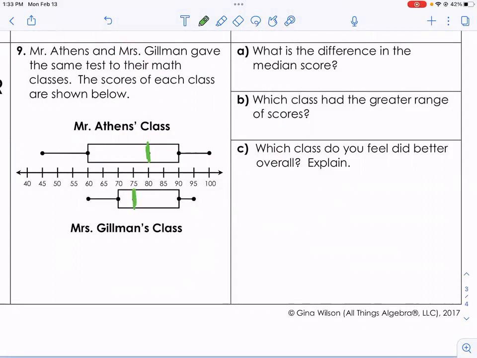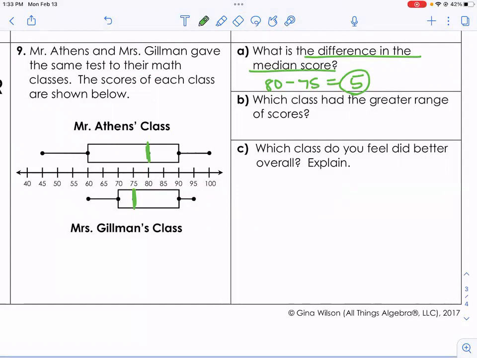So when I ask for the difference in the median score, which I'd say is probably pretty good, if we're comparing two classes, we want their medians to be pretty similar. That's going to give us a good measure that our classes are doing okay compared to each other.